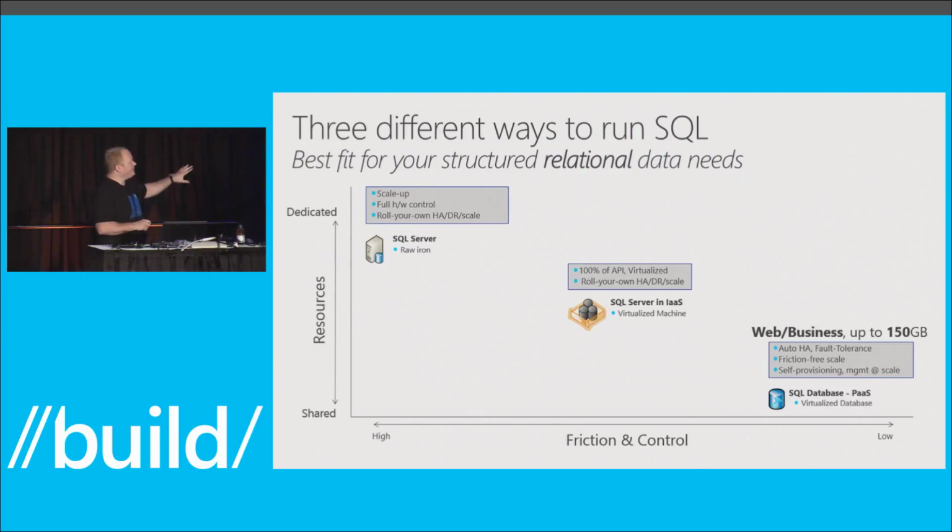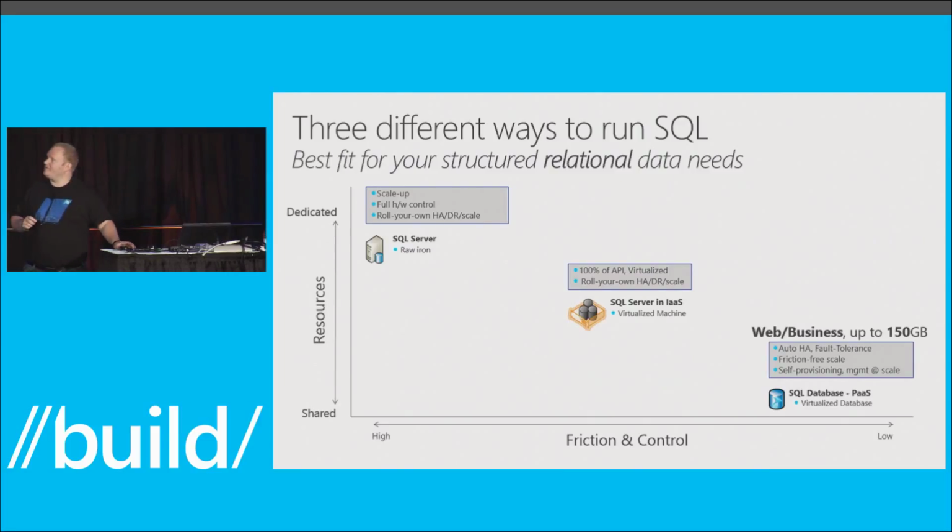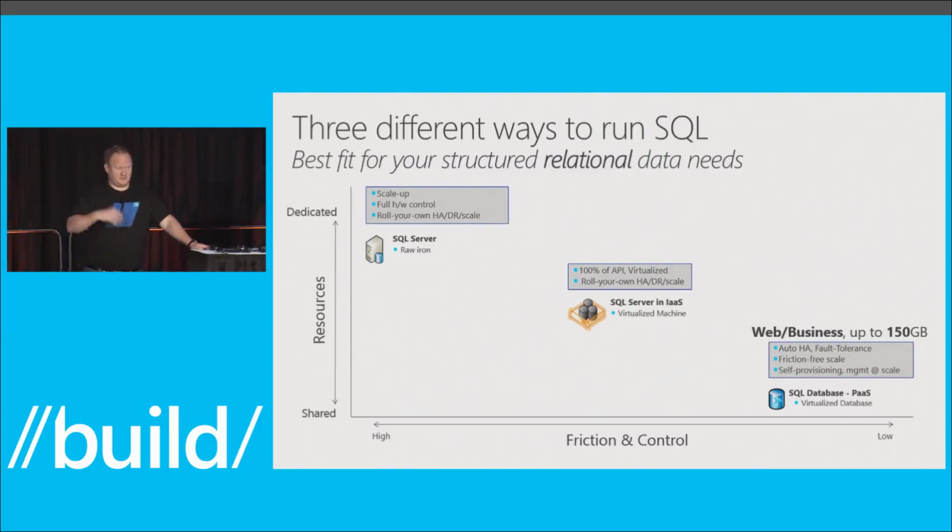So if you look at the first one, SQL Server on the raw iron, what you have there is obviously full compatibility with SQL Server, since it is SQL Server. And you have the ability to scale up to some huge machines. You can buy a bigger machine, and a bigger machine, and a bigger machine. And this shouldn't be discarded.